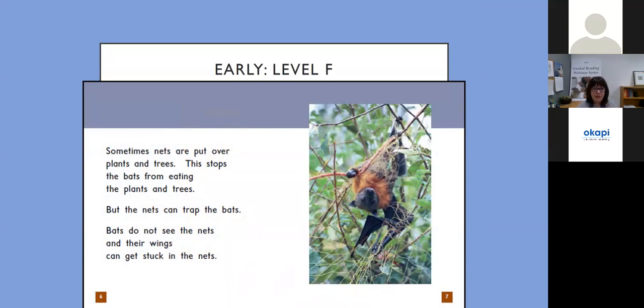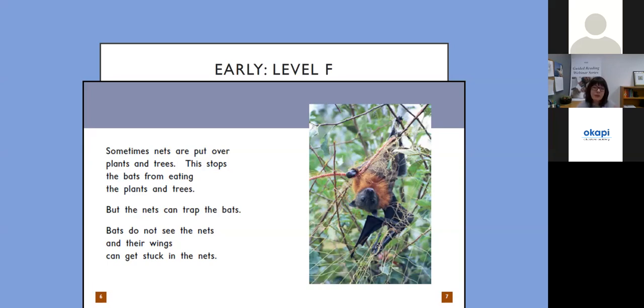So sometimes nets are put over plants and trees. This stops on the same line, so the students continue to read, but they attend to punctuation. They pause, and they think about this for meaning. So they're learning to read with fluency and phrasing as they attend to simple punctuation.